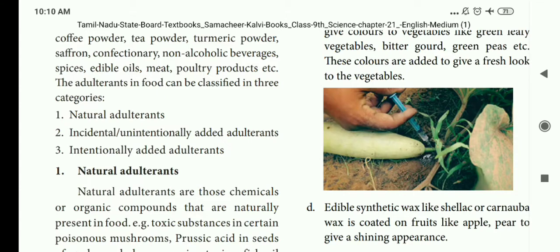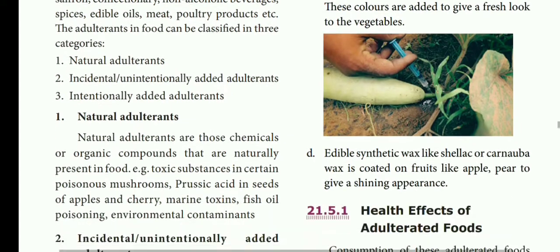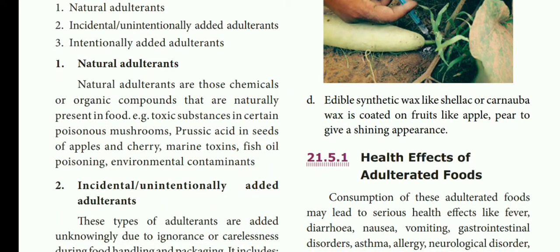Okay, so the first one is natural adulterant. Natural adulterants are those chemicals or organic compounds that are naturally present in food. For example, if you take a fruit or a vegetable, it could ripen by itself because of the chemical metabolism undergoing in them. Due to the metabolic changes, apples or any vegetables may ripen faster. Another example is the toxic substances in certain poisonous mushrooms.